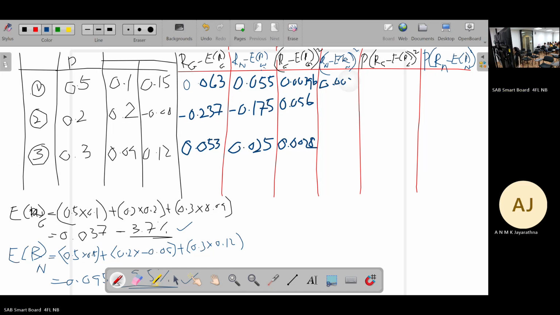Next. Then 0.00360. Then the other one 0.00625.